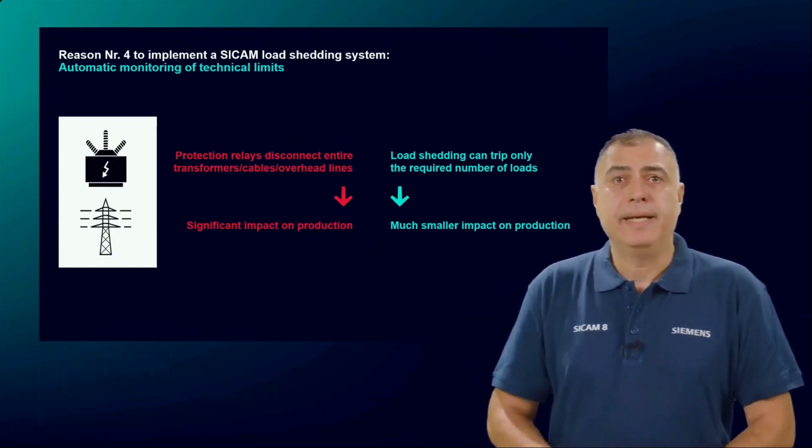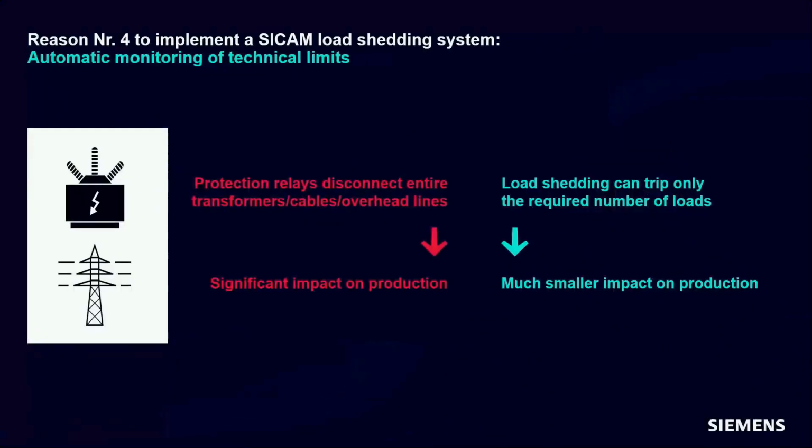So, reason number 4. Also, this is a more advanced use case. Usually, the technical limits of transformers and in-feeders are only monitored by protection relays. If the transformers or tie lines are overloaded, then they will be completely tripped by these relays.